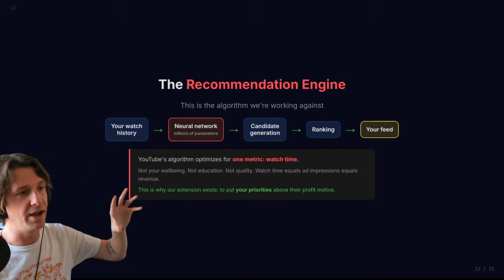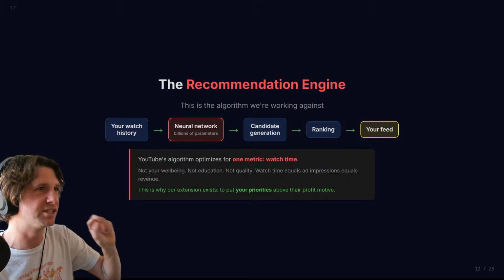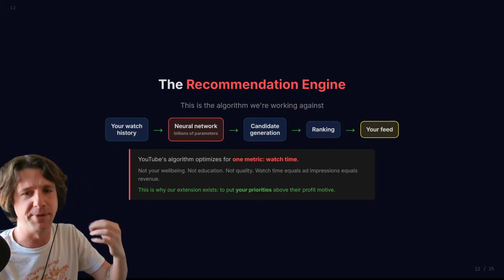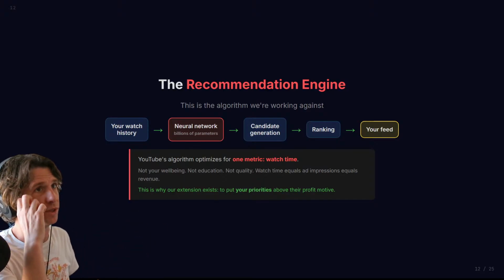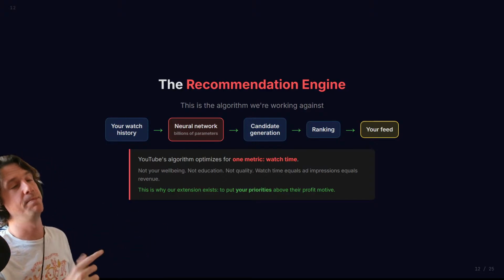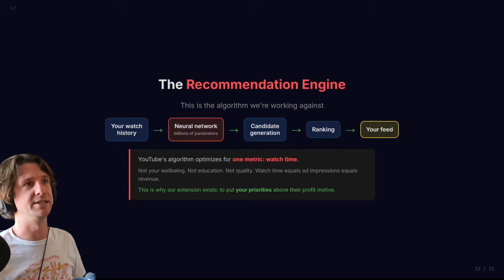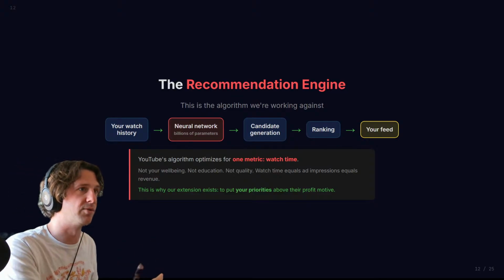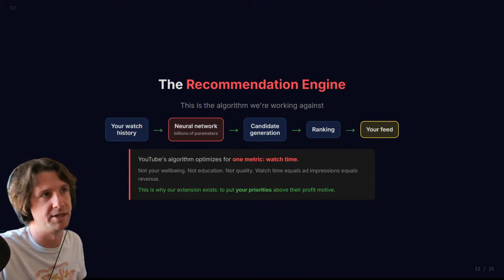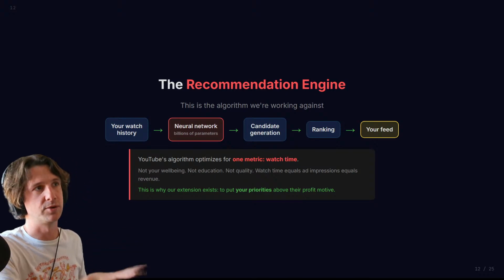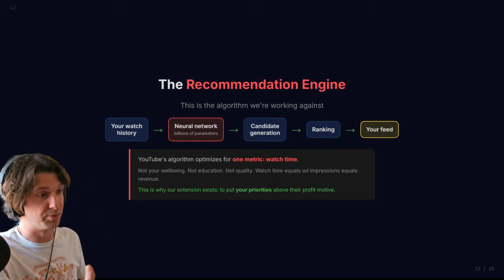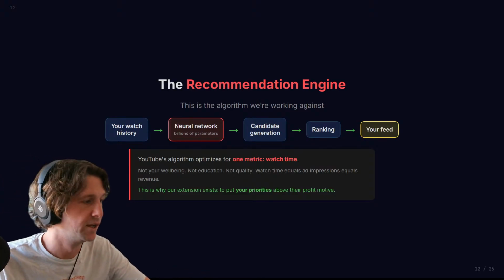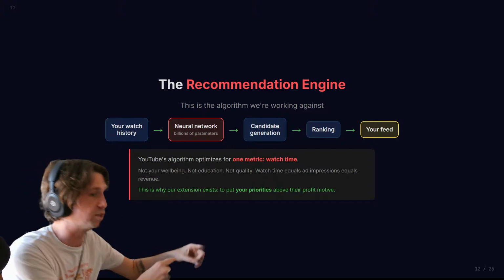They moved away from just click optimization years ago, because the clickbait got so bad that people were wondering what is happening with YouTube. But watch time means that you're staying longer, you're watching more ads if you don't have a YouTube Premium account. More ad impressions is more revenue for them. So that's literally what we're designing to override. Their algorithm scores the videos by your predicted watch time, and then our extension scores videos by a set of rules that you're setting, right?